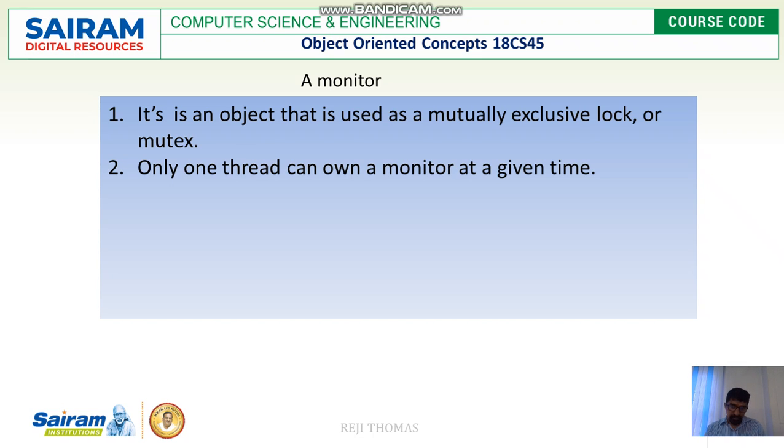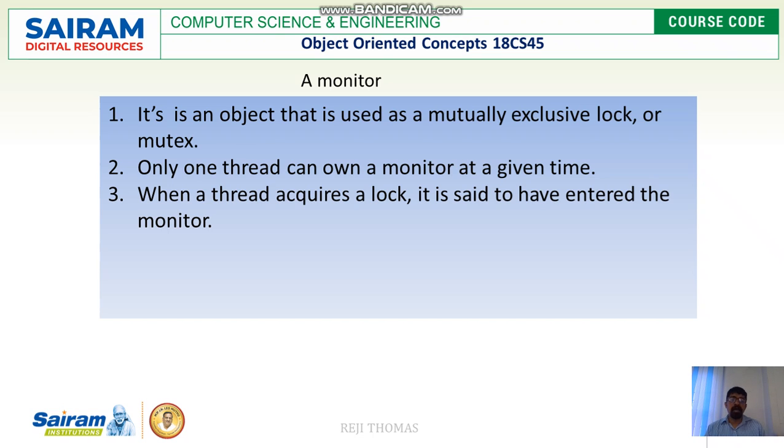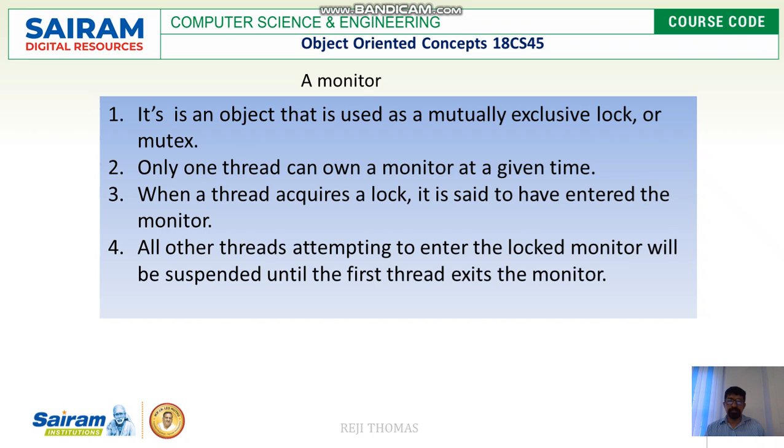Whichever thread owns the monitor gets executed, and the rest all have to wait. The thread which acquires the lock has entered the monitor and can continue with its process. All other threads which attempt to enter the monitor will be suspended until the first thread exits the monitor.